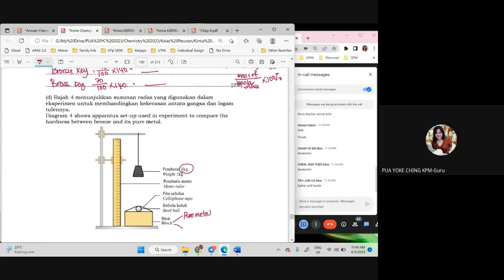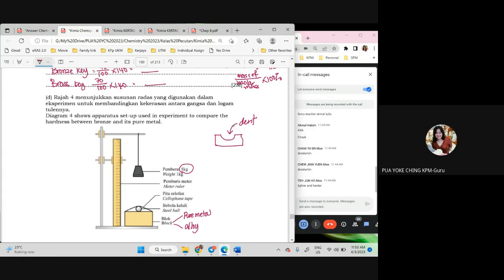Another one is your alloy. When the weight is dropped on the steel ball, there will form a dent. Okay, lengkok ataupun BI, we call it dent. Dia akan bentuk satu dent dekat block.